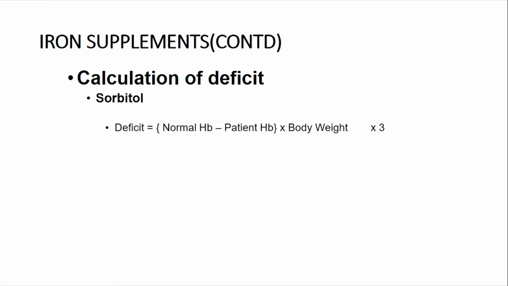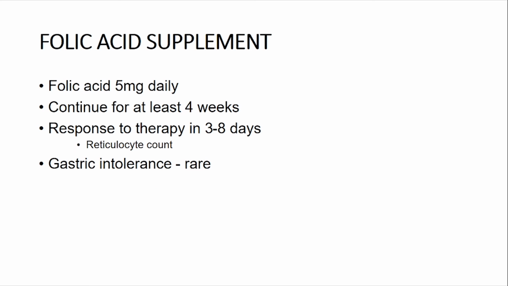However, for iron sorbitol, the formula for calculating the dose includes getting the deficit, which is subtracting the patient's hemoglobin from normal hemoglobin concentration, multiplied by body weight and multiplied by a factor of 3.